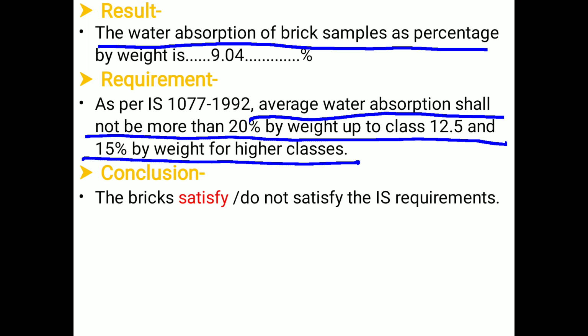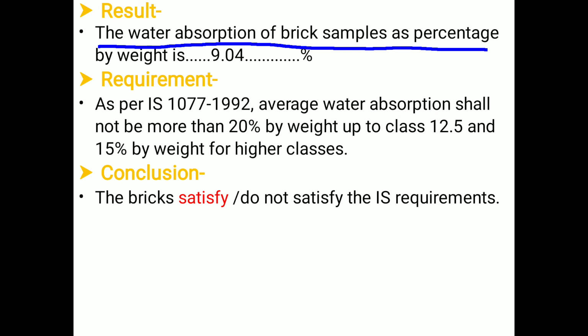Therefore it is obvious that the water absorption will decrease. For the class up to 12.5, water absorption should not be more than 20%. Actually 12.5 is a class based on the compressive strength of the brick, and for a class greater than 12.5, water absorption should not be greater than 15%.